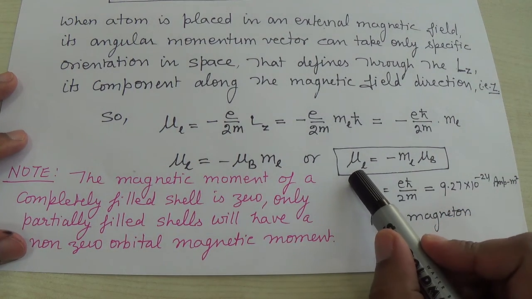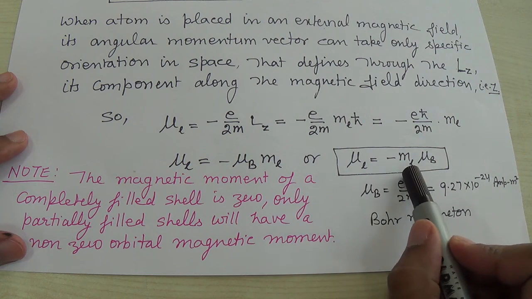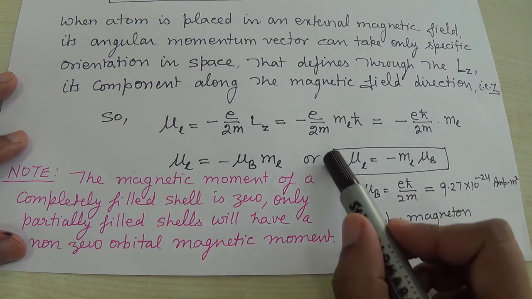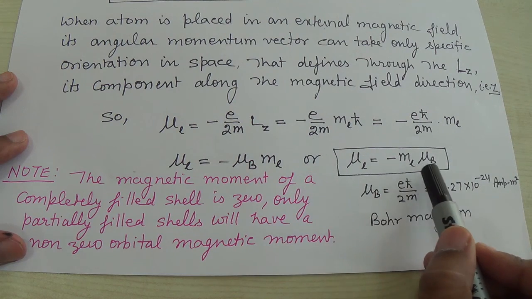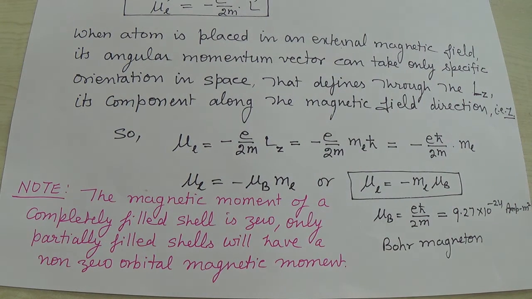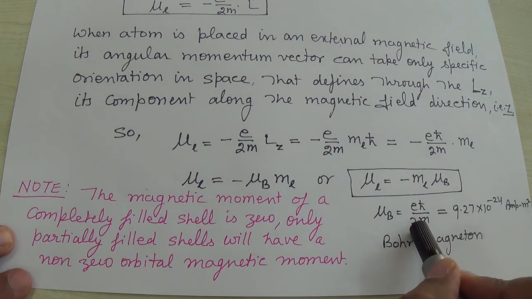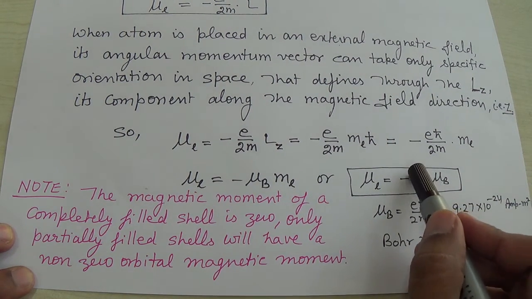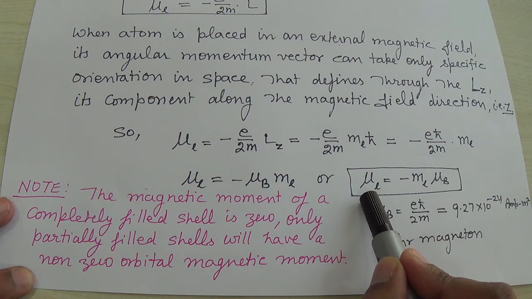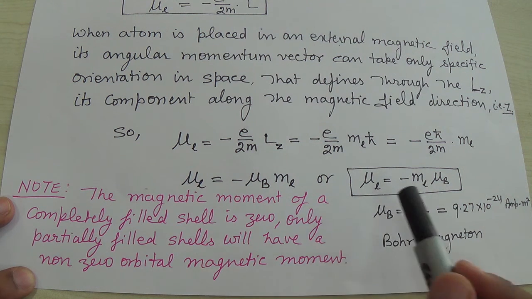Now the exact formula is mu L is equal to minus ml mu b, where mu b is the Bohr magneton, equal to e h cross upon 2m. This formula is only for the orbital motion of the electron. If you know the value of ml, you can find the orbital magnetic moment of the electron.